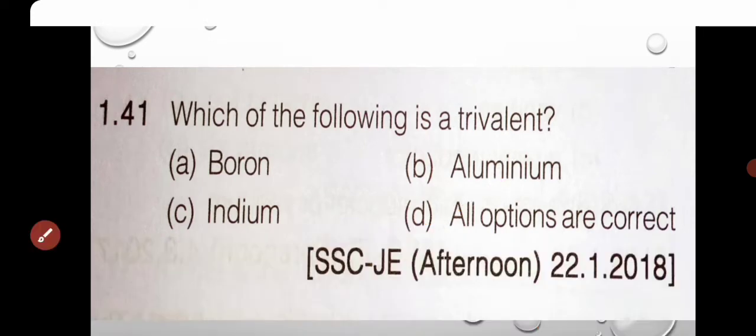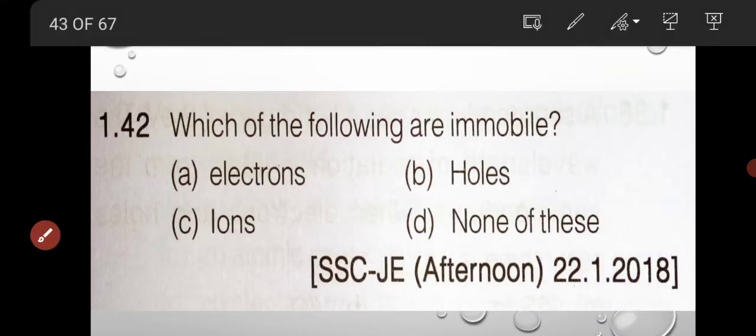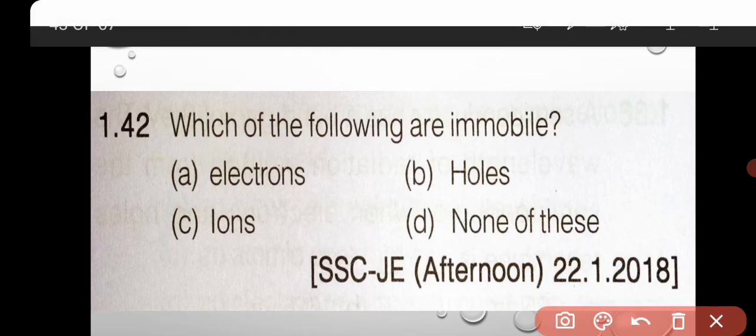Now the next one is: which of the following are immobile? Its correct answer will be ions, meaning at the junction the immobile ions are present, and these ions are immobile in nature, meaning they cannot move. So here the correct answer will be option C. In the depletion region there are acceptor and donor ions, and they are immobile or fixed.